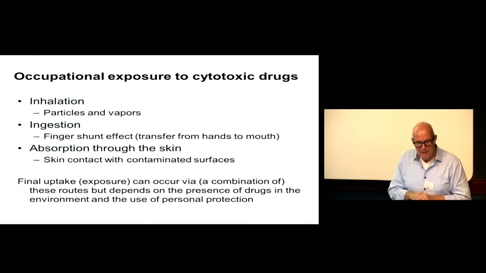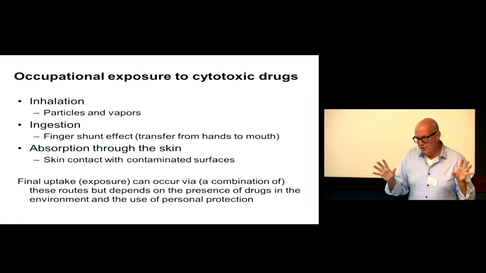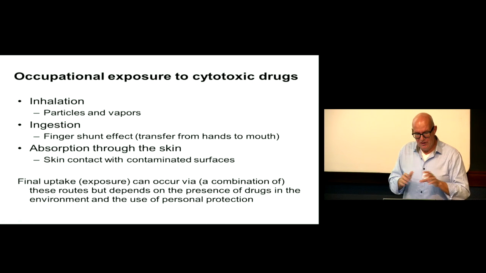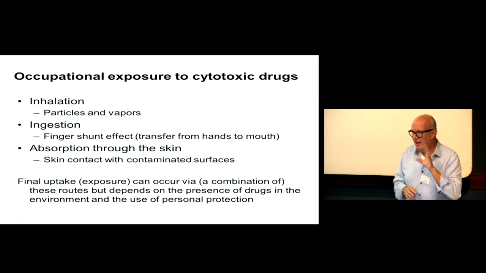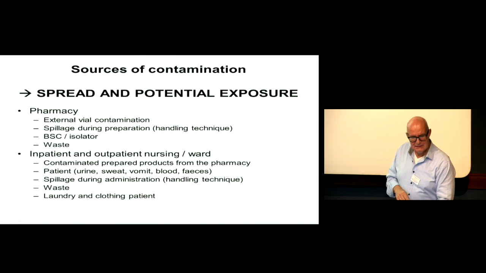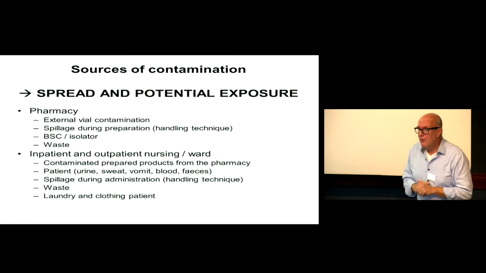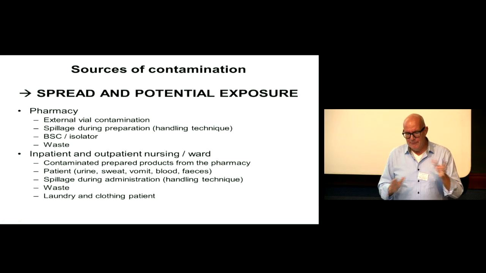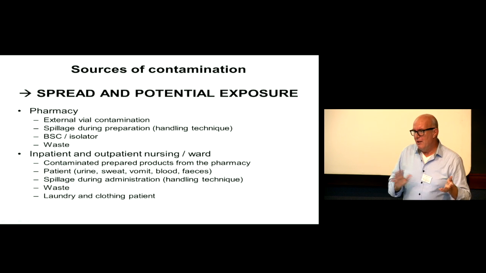Okay, so that's the main occupational exposure sheet, how people get exposed to the cyto drugs, but skin contact is really, really the most relevant one. Now we look in detail where the contamination is coming from.